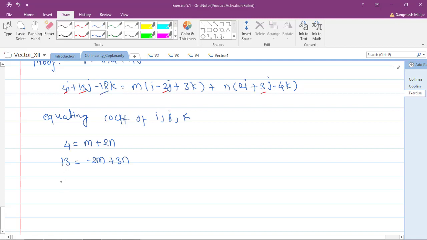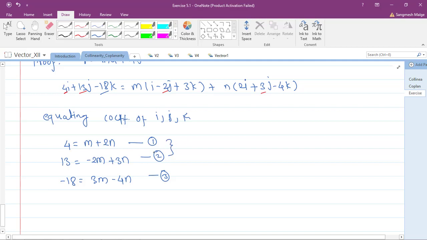Minus 18 equals 3m minus 4n. These are three equations, and you have only two variables m and n. So use any two equations to find the values of m and n, and substitute in the third equation. Let's try to solve the first two equations.